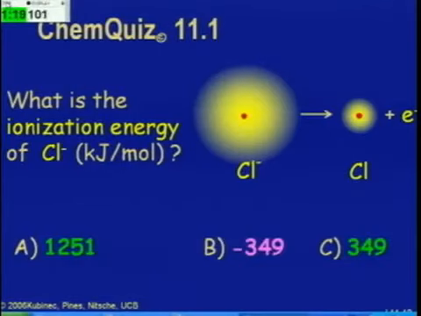If you read the chapter in the book, it says electron affinity is defined as negative delta E for electron attachment. Okay, that book is dead. Last time I used that book.